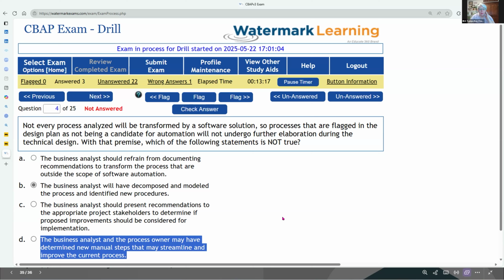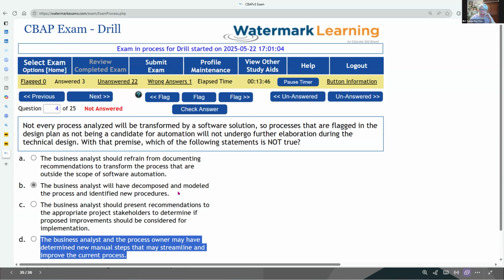Whenever I say according to the BABOK, I mean you need to answer the question the way the BABOK says is correct, even if it doesn't agree with your real life experience. Okay. And then according to BABOK, a solution can be anything. I mean, not necessarily a software solution, isn't it? I agree, but in this scenario, it's got to be a software solution.